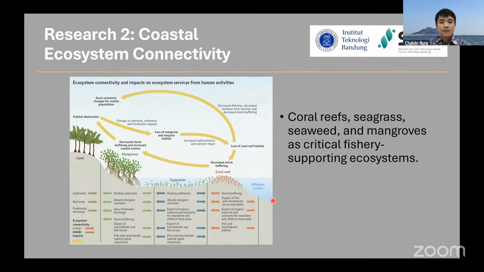Organisms can also migrate from one ecosystem to another. Then we try to understand how critical and how important these ecosystems are to the stock of the fishery.